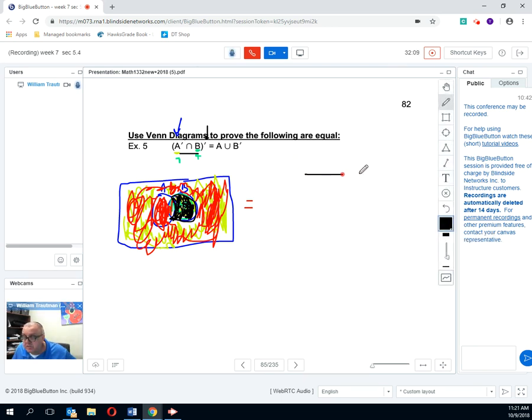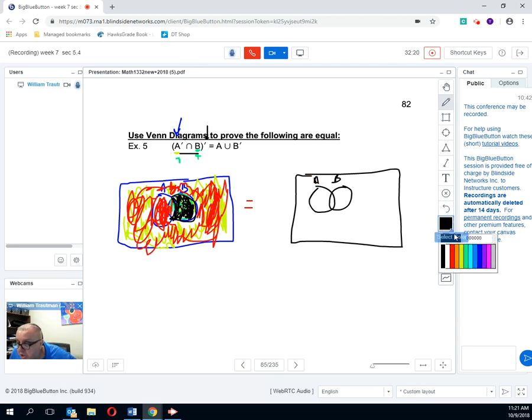So here's a universal set. We have A and we have B. First we're going to shade all of the A in yellow. All of just the A in this yellow. There's A. It's all in yellow.